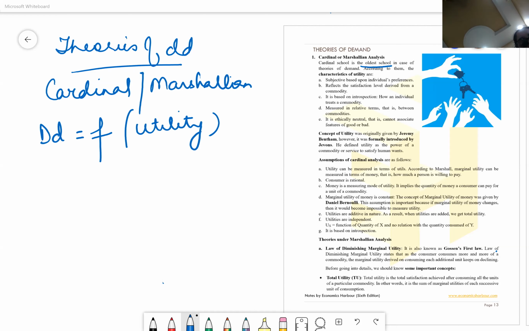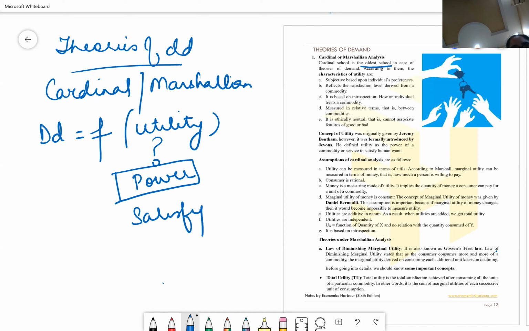So the question is, what is utility? Right. So utility is the power, please note, the power of a commodity to satisfy human wants. So three keywords here: power, satisfy, and human wants.